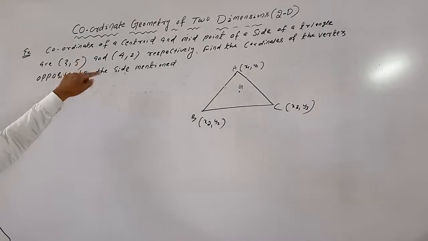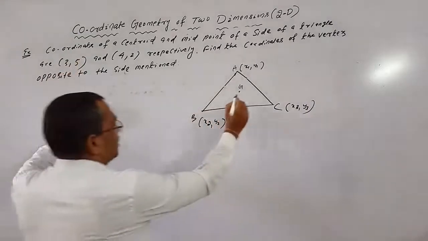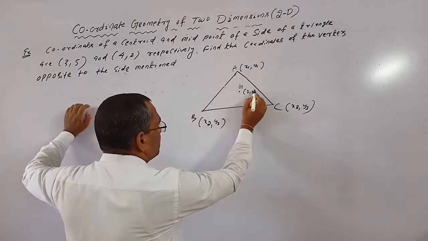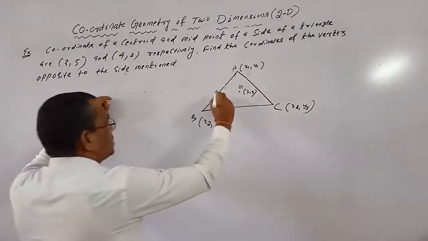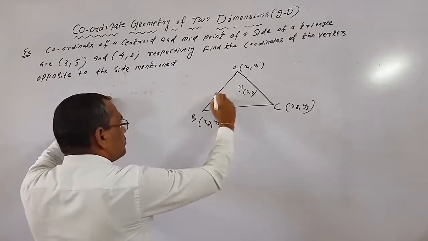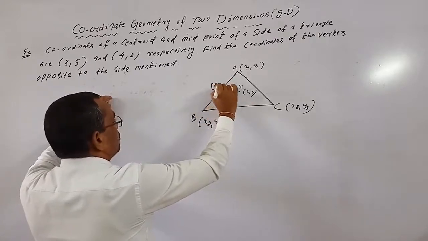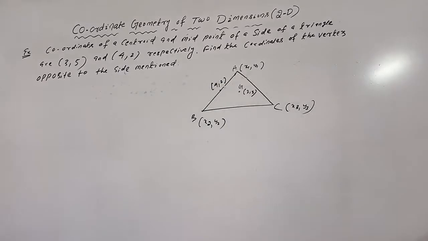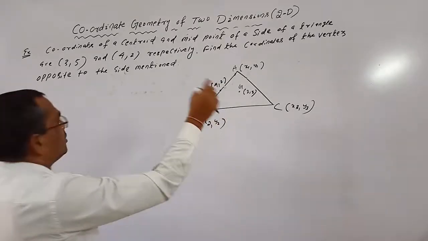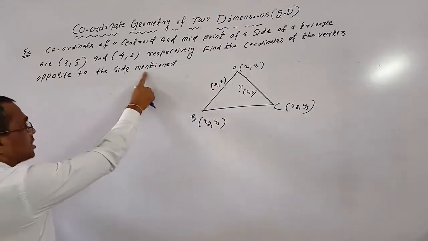The centroid is 3, 5, and the midpoint of one side. Suppose we take one side as AB and its midpoint is 4, 2. Then what do we ask? Find the coordinate of the vertex opposite to the side mentioned.